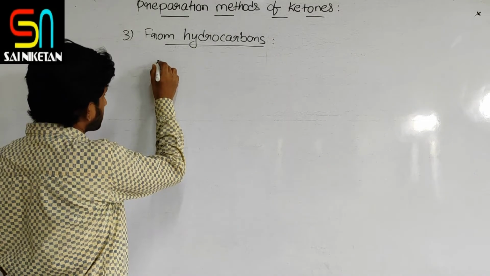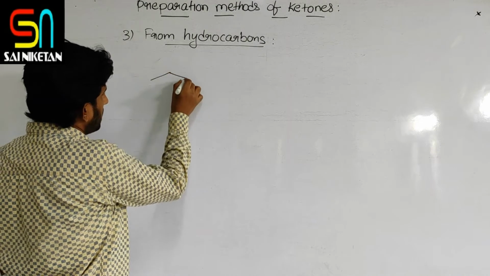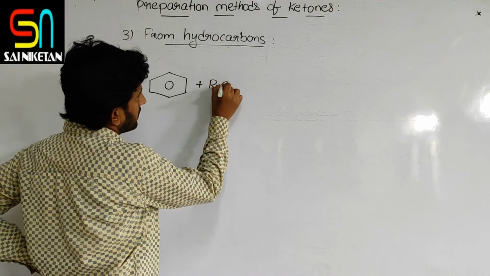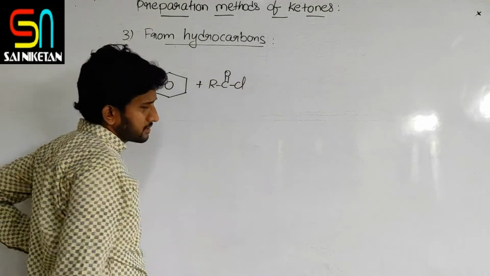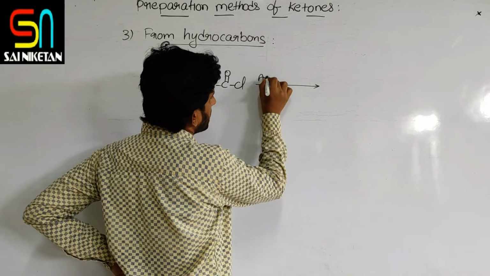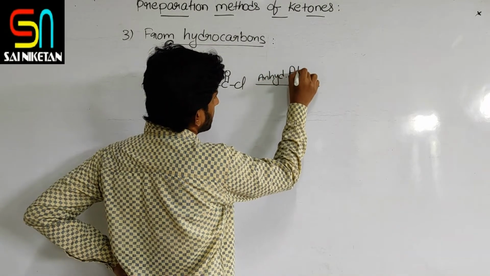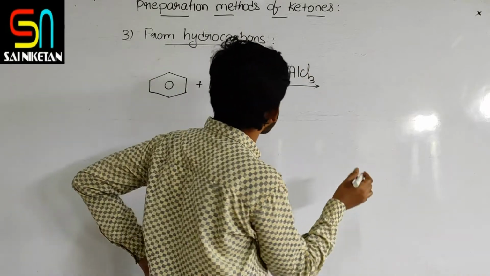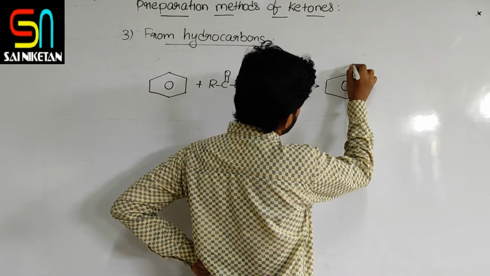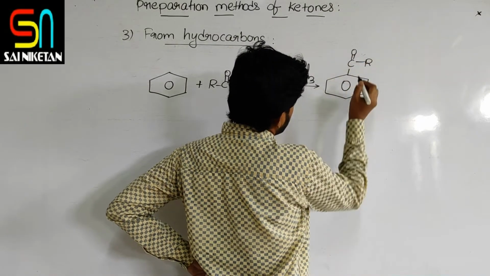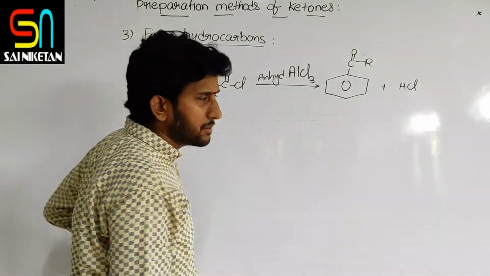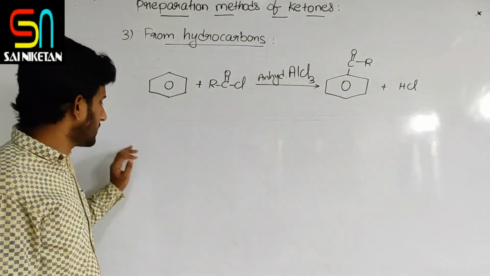You know that when benzene reacts with acyl halides in the presence of anhydrous aluminium chloride, ketones are produced, acyl benzene is produced.